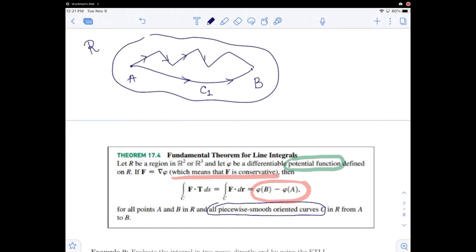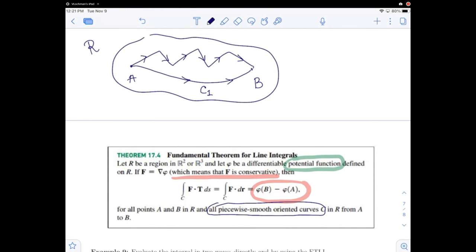So here I have a piecewise curve, or it could be just a straight line that connects A to B. Okay, and what this theorem says is that it doesn't matter which curve you're going to pick. If it's a piecewise smooth oriented curve from A to B, then this line integral over this vector field can be just computed as phi of B minus phi of A.